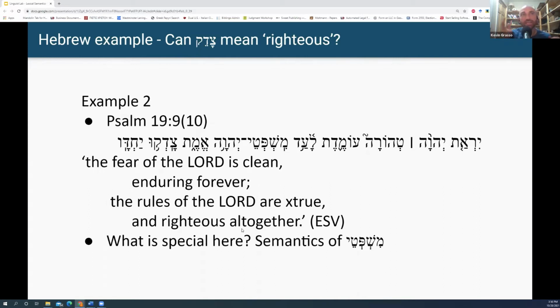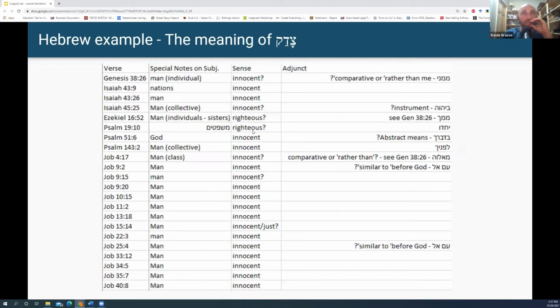So the idea here is that if you have a different semantics for mishpat, which I think you should, then tzadku here is totally fine. Okay. So that would mean that this is not a counterexample, even though it's different, right?